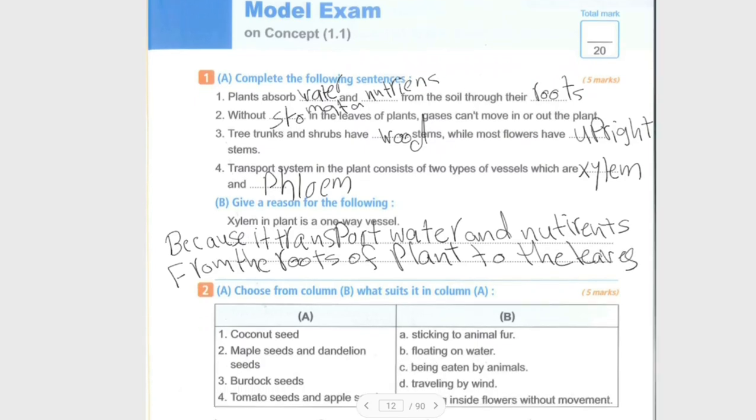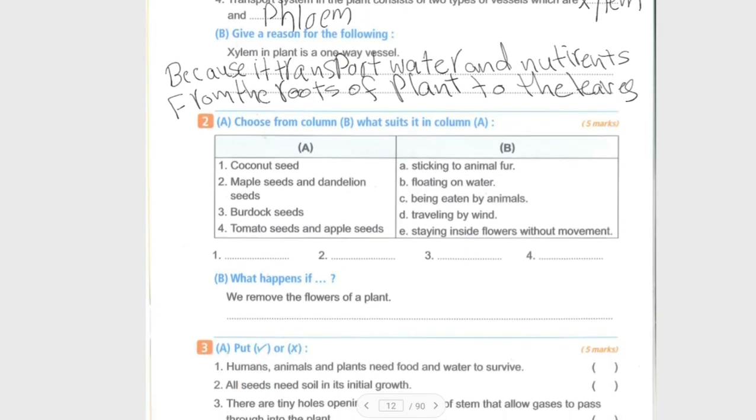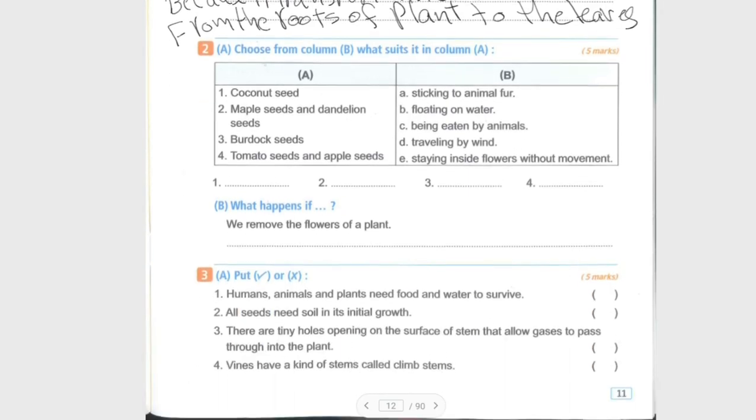Number 2, choose from column B what suits column A. Coconut seed, maple seed and dandelion seeds, burdock seeds, tomato seed and apple seeds. Let's see. Number 1 will be coconut seed floating on water.